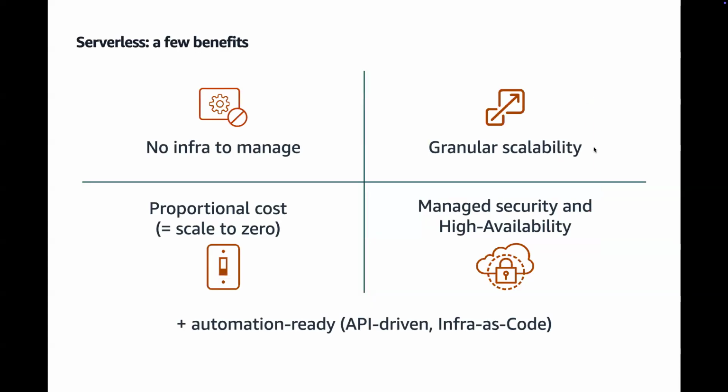The usual benefits of serverless are that we don't have any infrastructure to manage. It scales. If you use serverless for microservices, you can have granular scalability, and you can also have scalability really based on the actual usage of your app, and all of this with proportional costs.